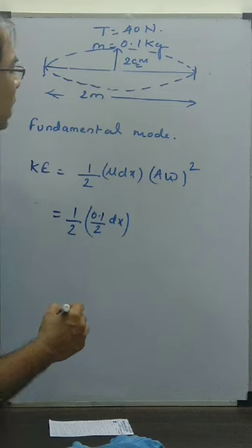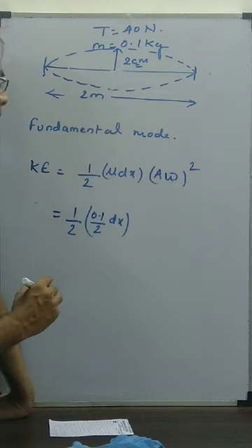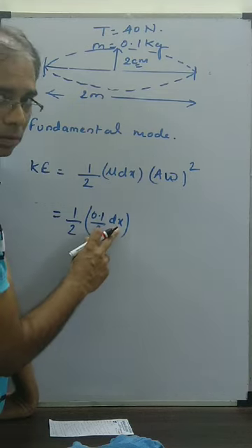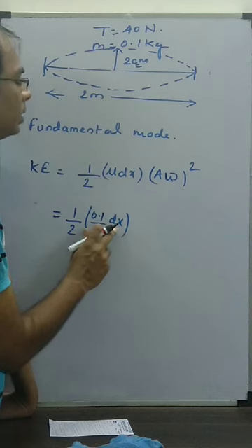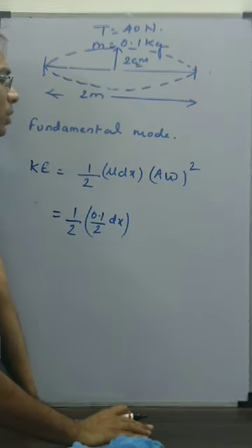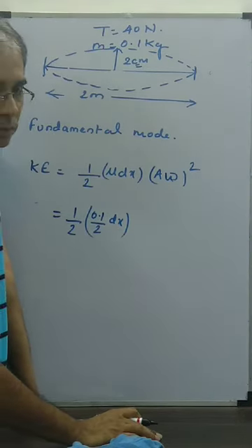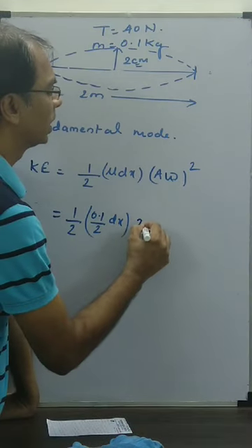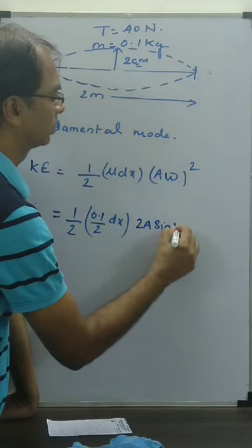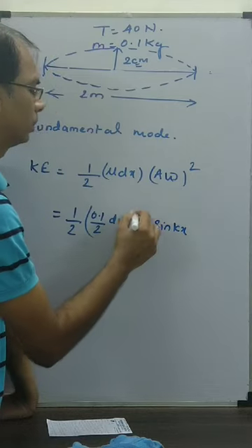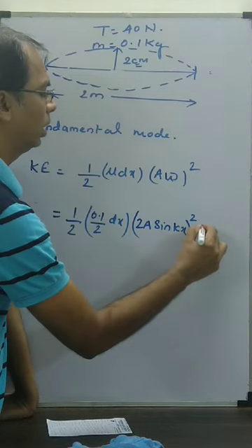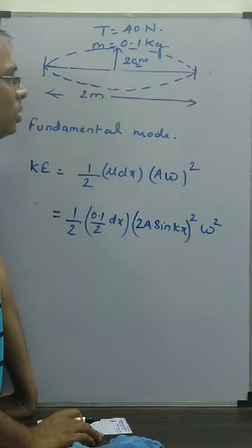For the amplitude, because here x is there, I am going to write the amplitude in such a way that I can integrate it. So I am writing this as 2a sin kx, square, and omega square. Omega square obviously is constant.